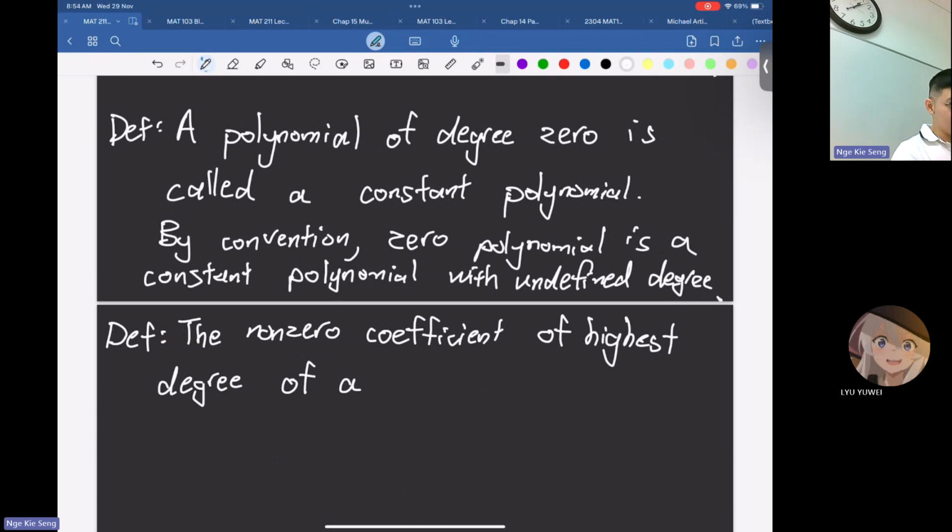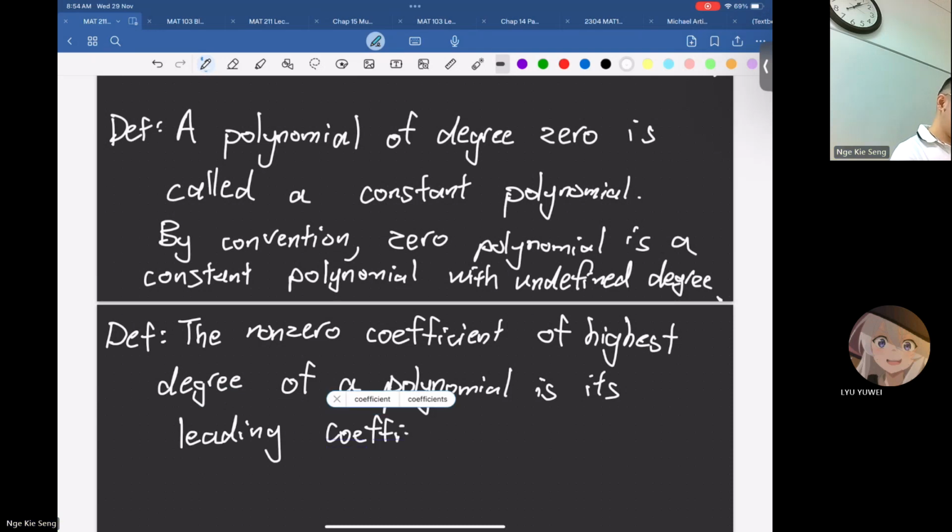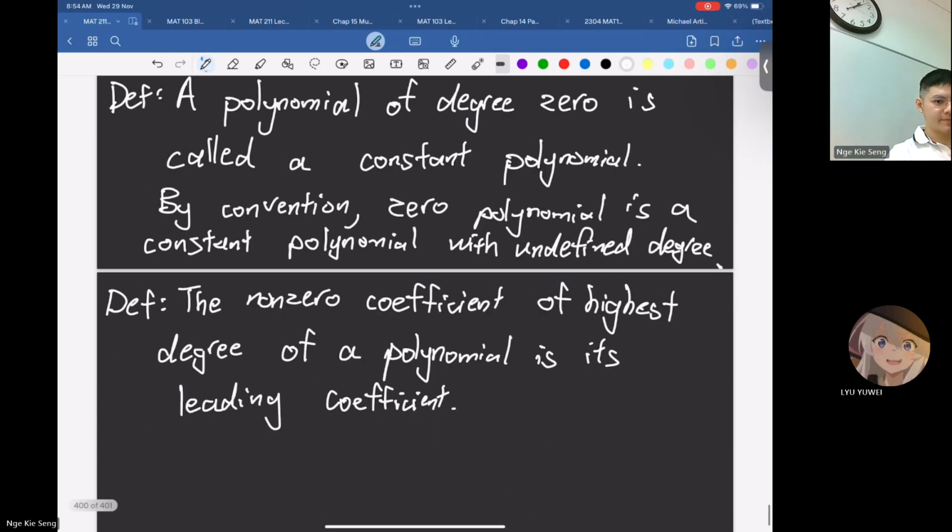That degree has a non-zero coefficient, and we will call that coefficient the leading coefficient. It's like leading the polynomial. The coefficient of the highest degree, we call it leading.